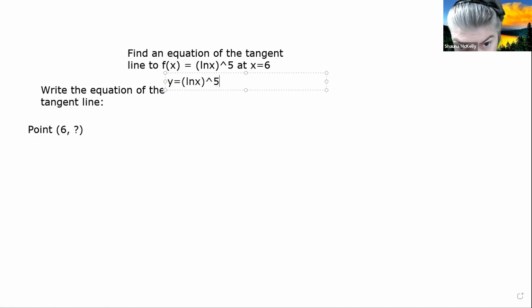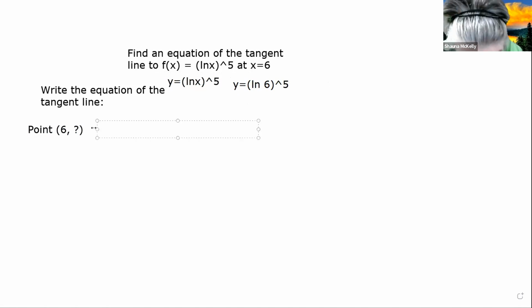Now, it said don't round anything until the end. So we're just going to write y equals ln 6 to the 5th. The only thing that makes this hard is it gets a little bulky.